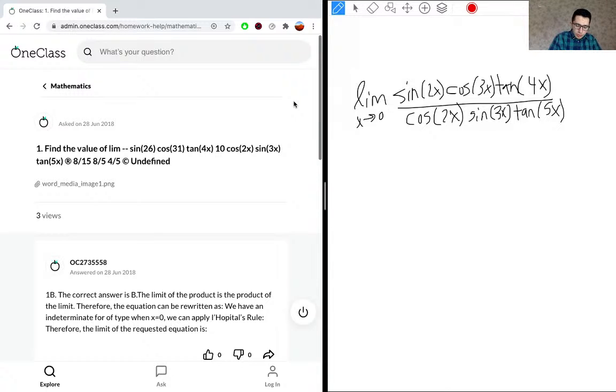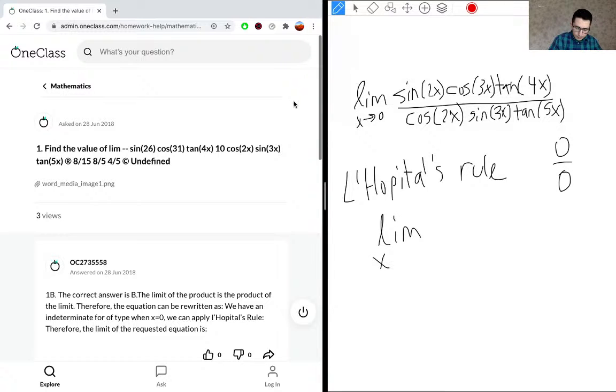So here we would use L'Hopital's rule. So let me just give a quick definition of what L'Hopital's rule is. So usually when you see a situation where you have 0 over 0, you would use the following property of a limit.